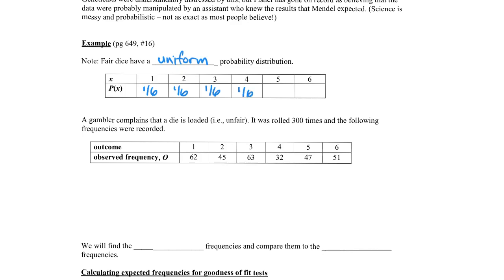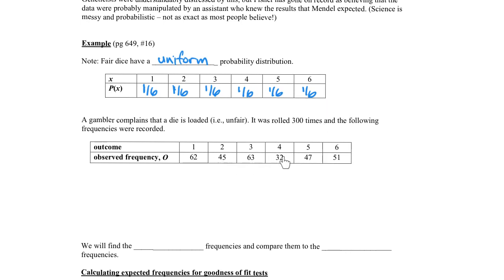So all the way down we go. And the probability is 1 out of 6 everywhere. So that means that in a perfect world with no variations, no randomness, our expected value here would be 50 all the way across out of 300 rolls, right?